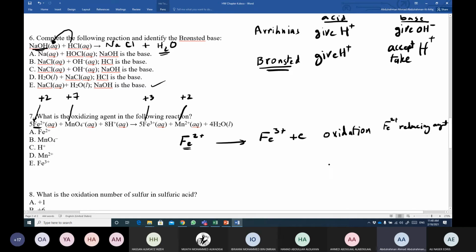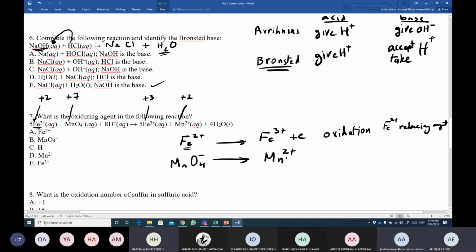Good. Now, what's the other reaction? MnO4- goes to what? The manganese, Mn2+. That's the other reaction. What happened here? Is this oxidation or reduction? Reduction.